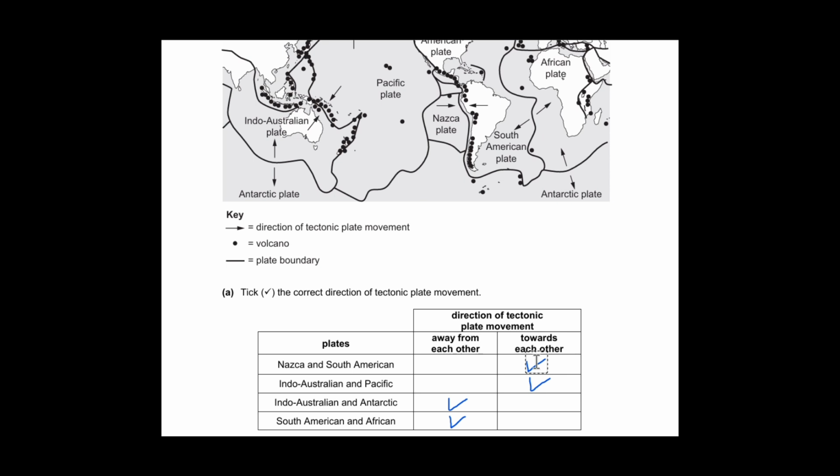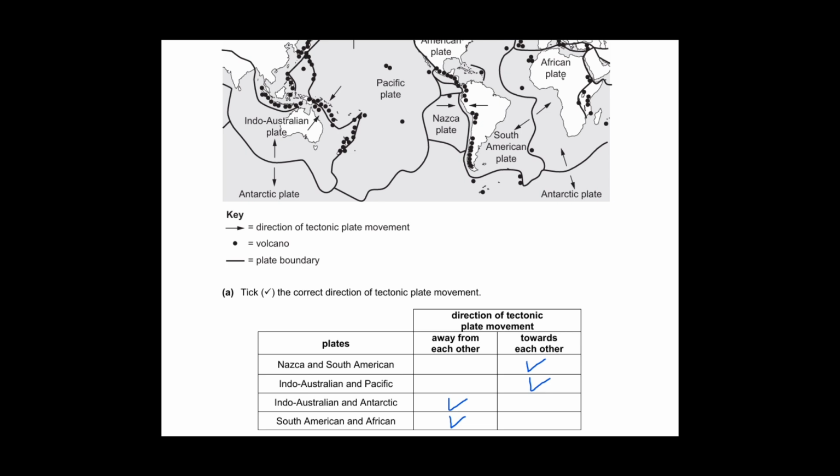That's how we were able to tick the box for pointing towards each other. Then for the Indo-Australia and Pacific plates, let's look at what is happening there. This is Indo-Australia here, and then we have the Pacific plate here. You can also see the arrows pointing towards each other. So looking at the diagram will help you identify the direction of movement of the arrows and identify your answer correctly without making any mistake.